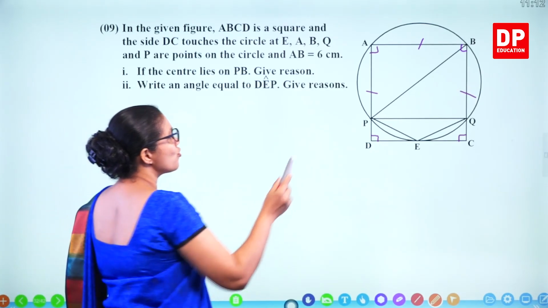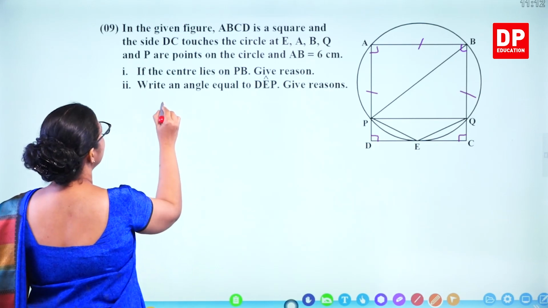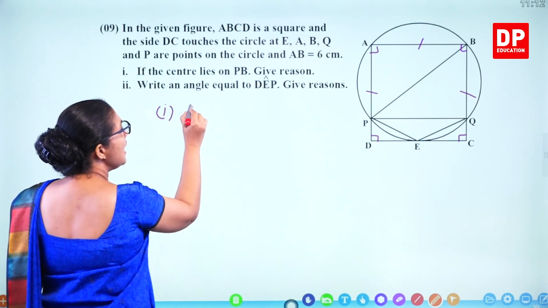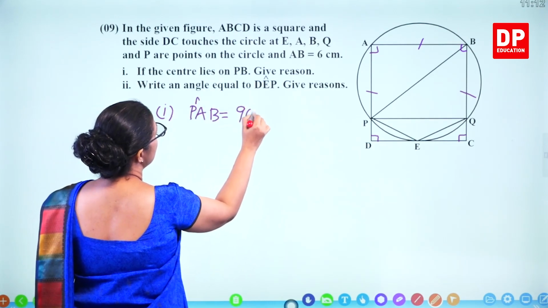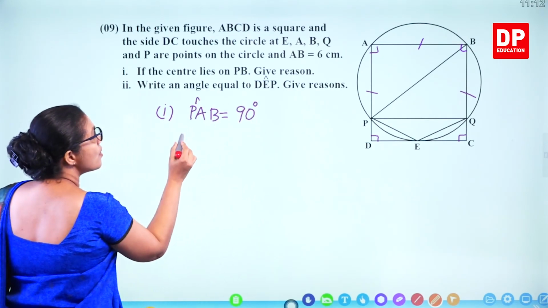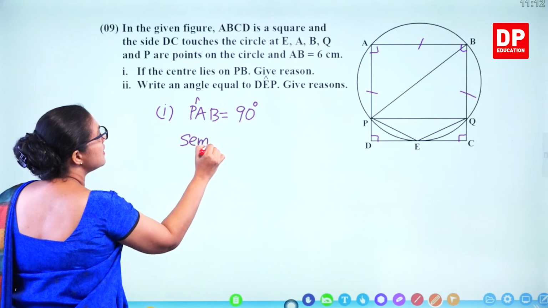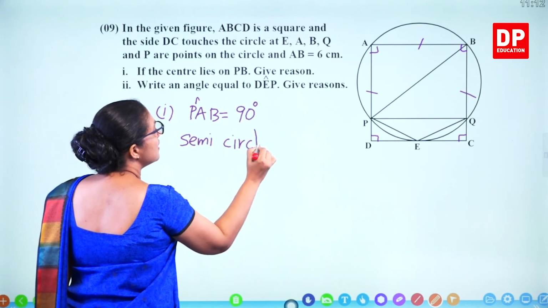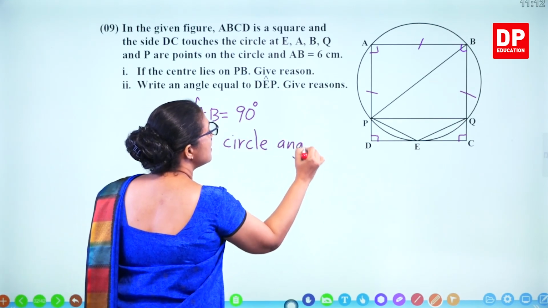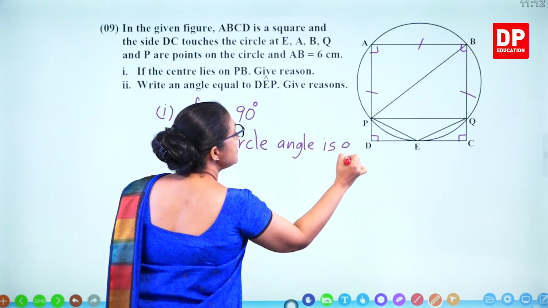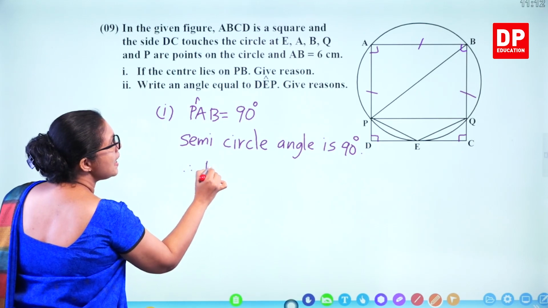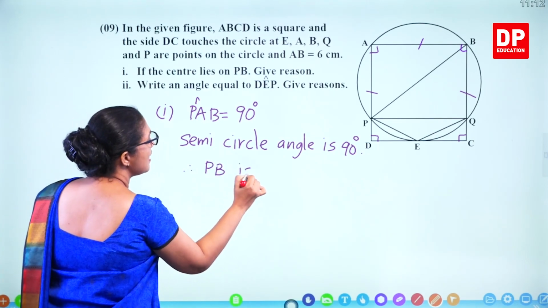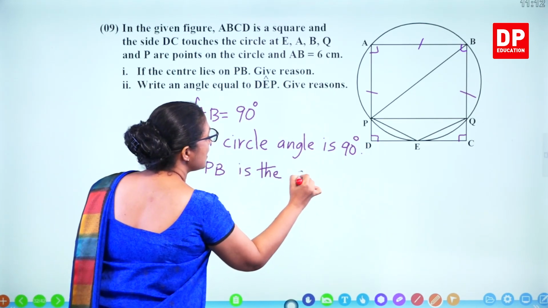So that's true. So we can say PAB is 90 degrees. Semicircle angle is 90 degrees. So therefore, PB is the diameter.